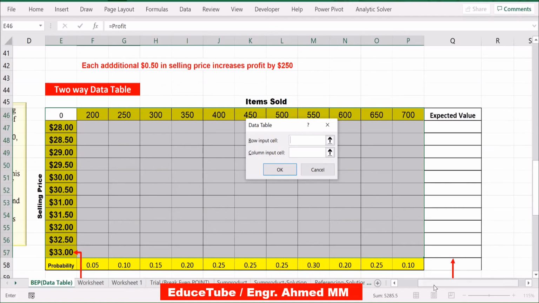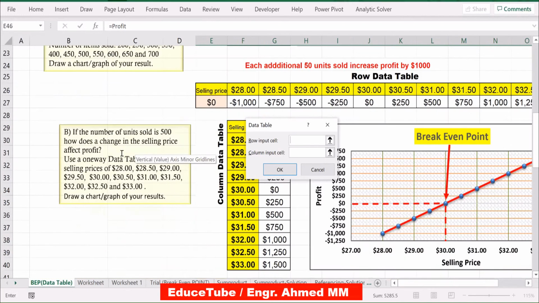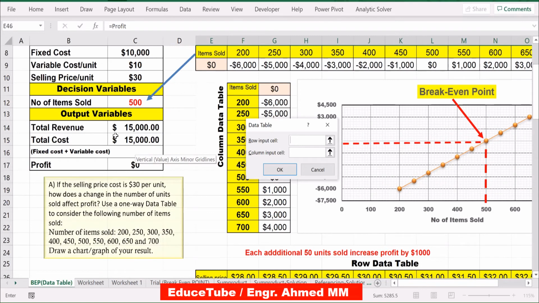So let's go to our business model data. First, for the row input cell, select this number of items sold. Now for the second option, column input, select the selling price. It is done.